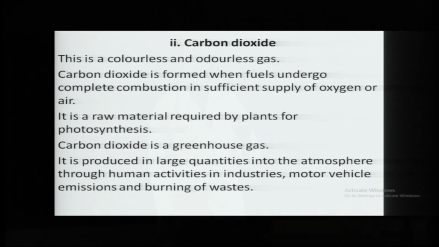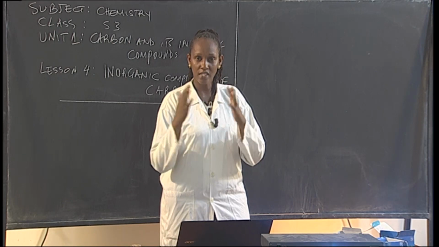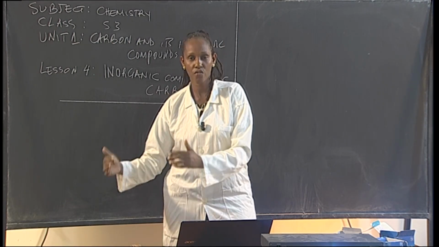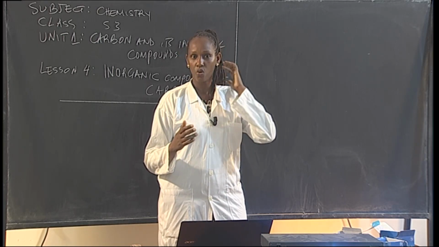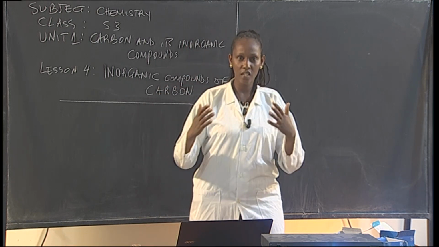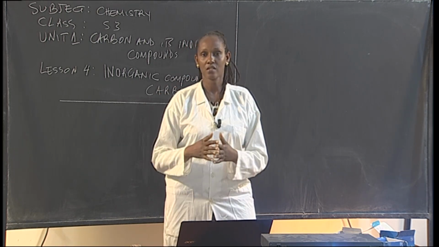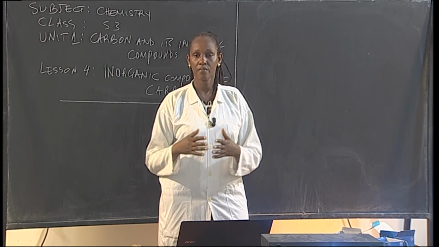So what else can we say about carbon dioxide? Carbon dioxide is used in photosynthesis. How? It's among the raw materials of photosynthesis. That is biology still. When you are asked what the raw materials for photosynthesis are, carbon dioxide is there.